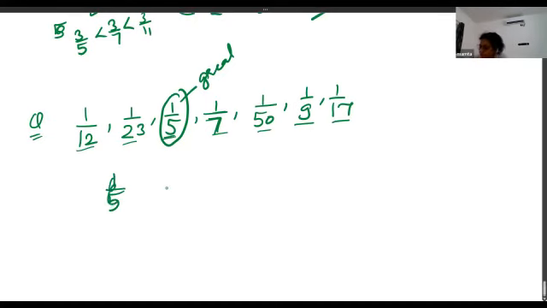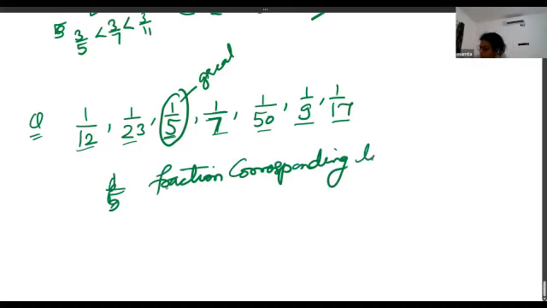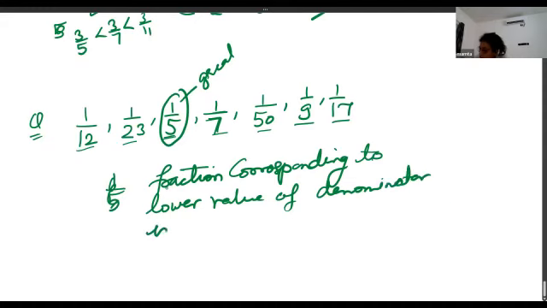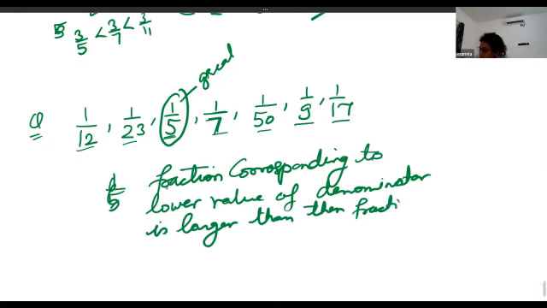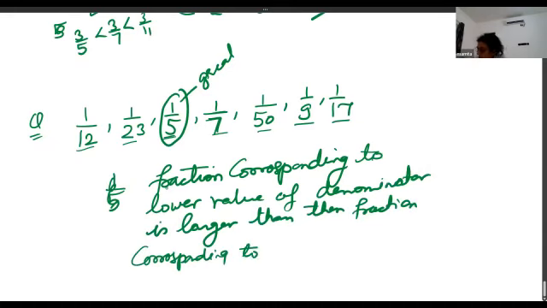You can write it: the fraction corresponding to the lower value of denominator is larger than the fraction corresponding to the higher value of denominator.